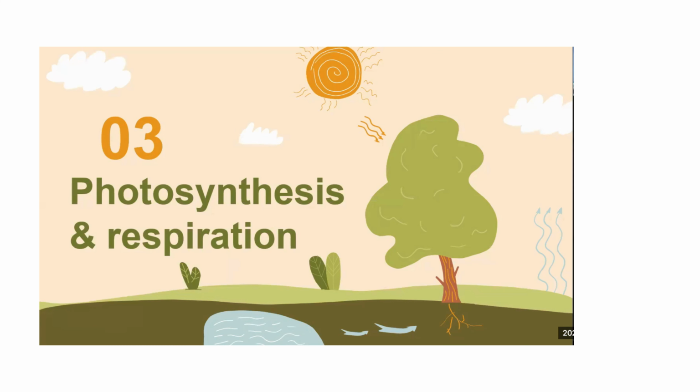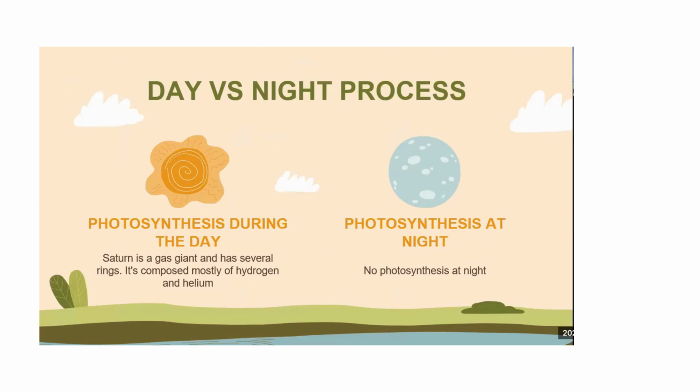So we are going to go to our third topic, which is photosynthesis and respiration. So as we talked previously, light is needed for photosynthesis. Photosynthesis happens during the day as there is light, but at night there is no light, so there is no photosynthesis at night.